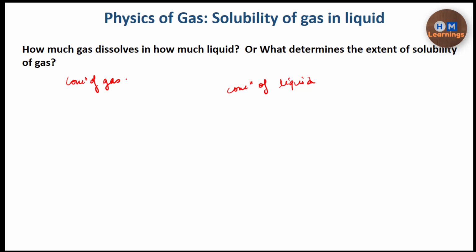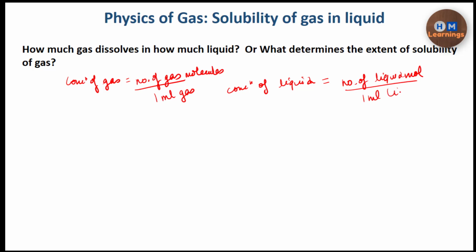So concentration of gas basically means the number of gas molecules in some volume of gas. Suppose we are taking 1 ml unit volume of the gas. Similarly, we can say the number of liquid molecules divided by 1 ml of that liquid.